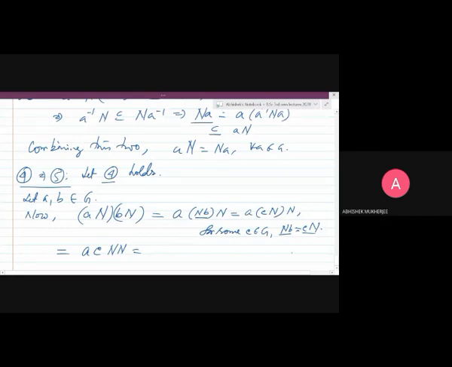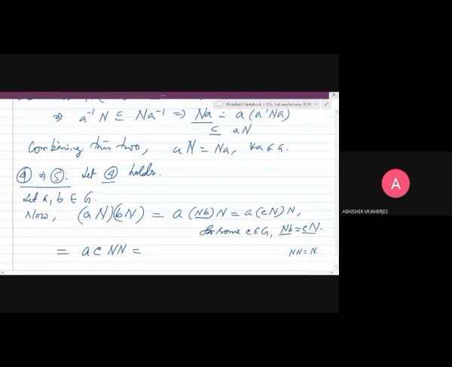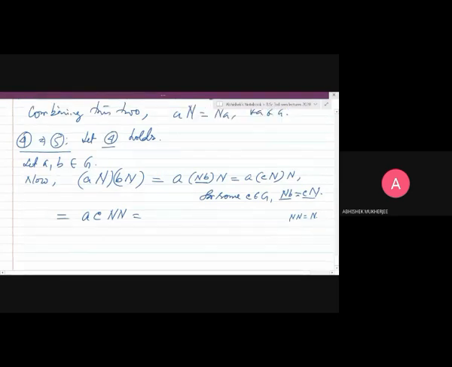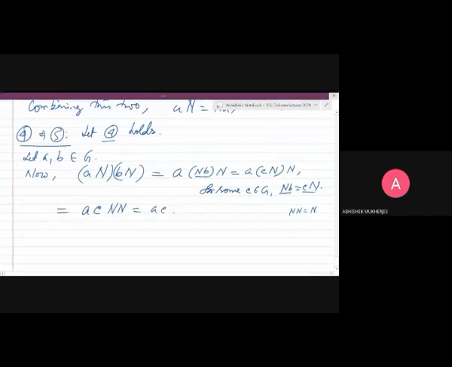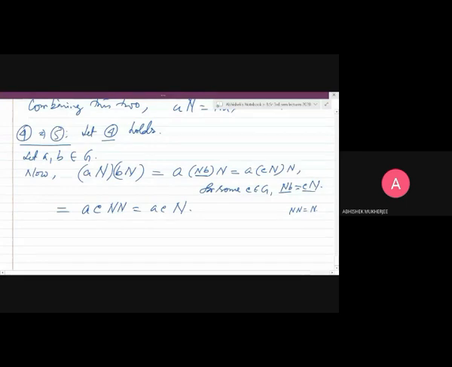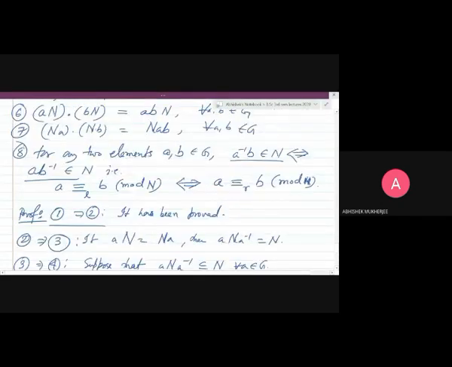We have already seen that NN is actually N. So it is acN. This shows that the product of two left cosets is again a left coset. So 5 holds. Now 5 implies 6. What is 6? What does it state?